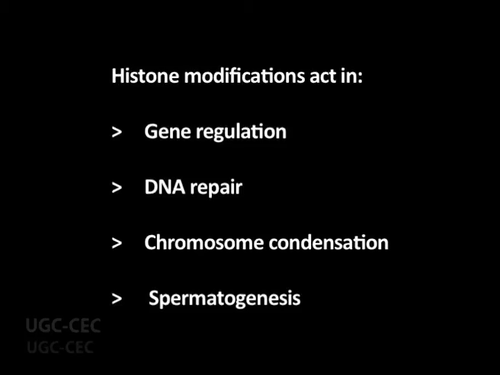Histones undergo post-translational modifications that alter their interaction with DNA and nuclear proteins. Combinations of modifications are thought to constitute a code, the so-called histone code. Histone modifications act in diverse biological processes such as gene regulation, DNA repair, chromosome condensation and spermatogenesis.